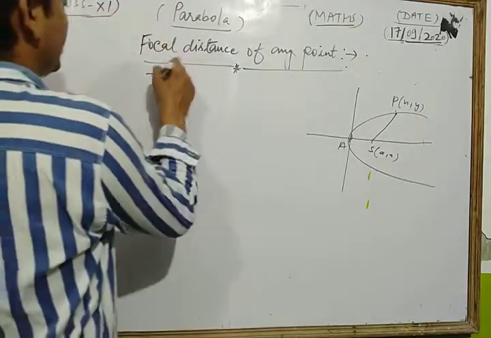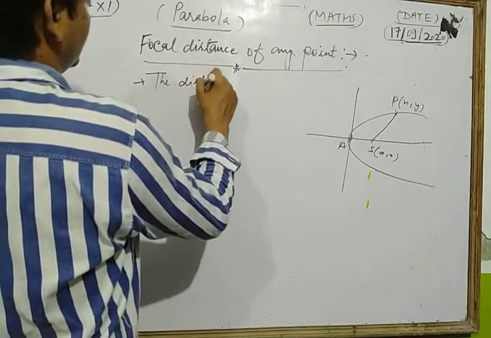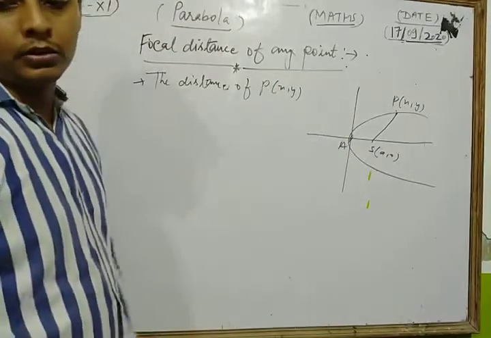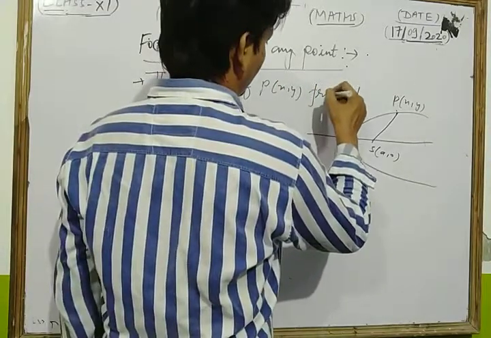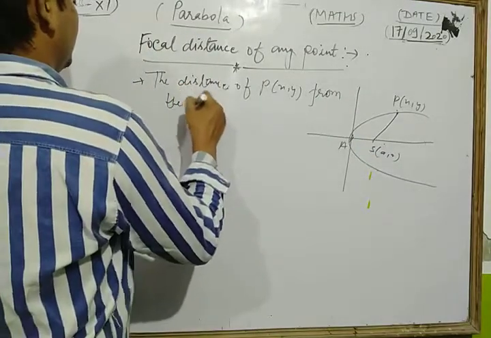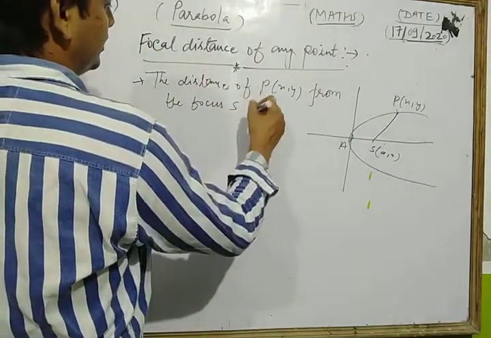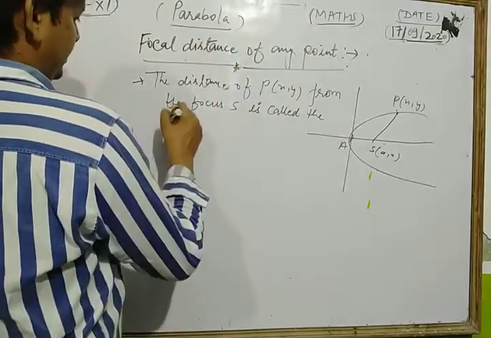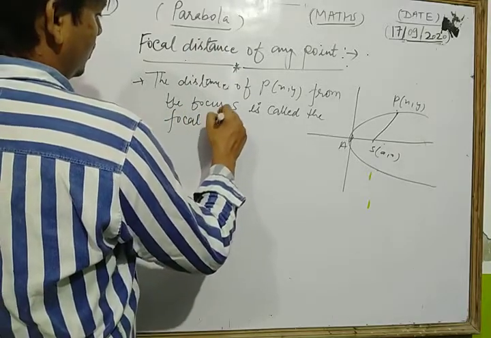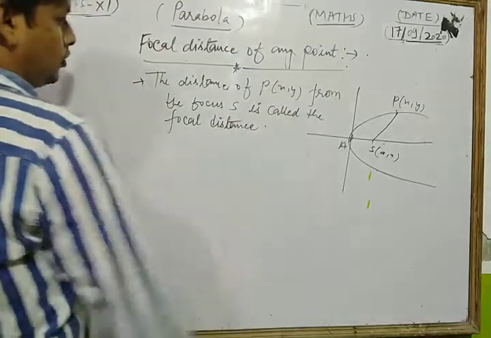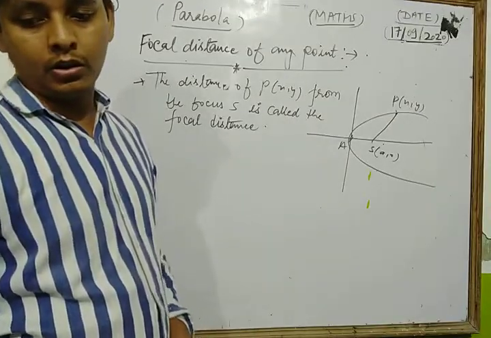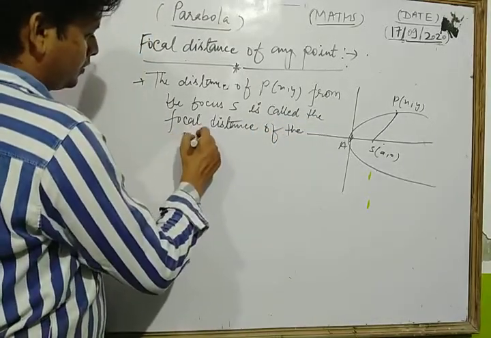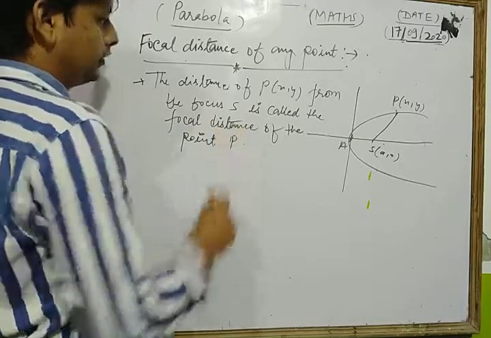The distance of P(x, y) from the focus S is called the focal distance of the point P, which is a very important concept.